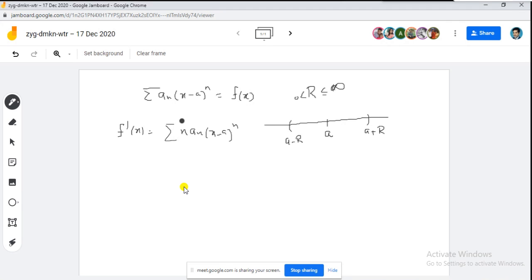So the term by term differentiated series will also uniformly converge, and it uniformly converges to a function.